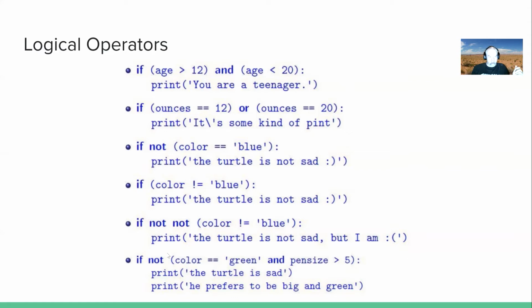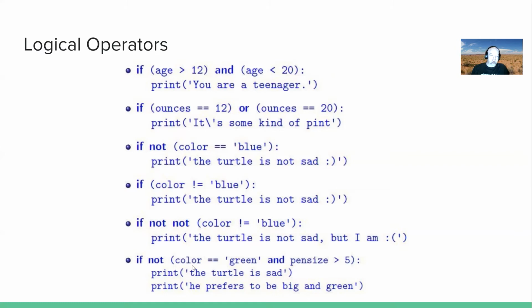Okay, and same thing down here. This is a combination of multiple things going on. If we evaluate that, the first thing we're looking at is: is color equal to green, and is pen size greater than 5, right? Imagine our turtle has its pen set to pen size 6, and the color of the pen is green. So this would be true, and this would also be true.